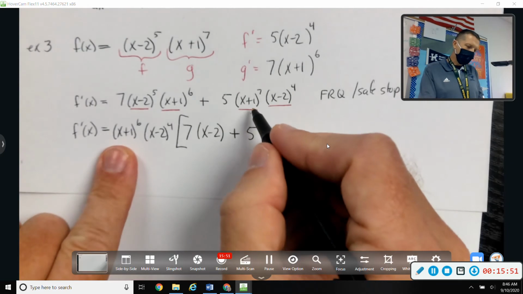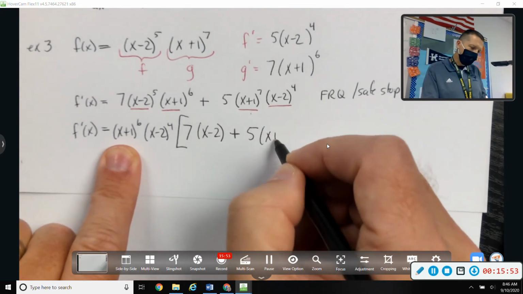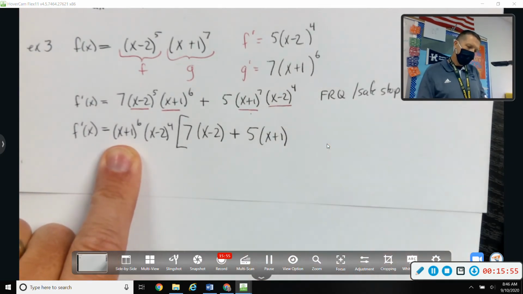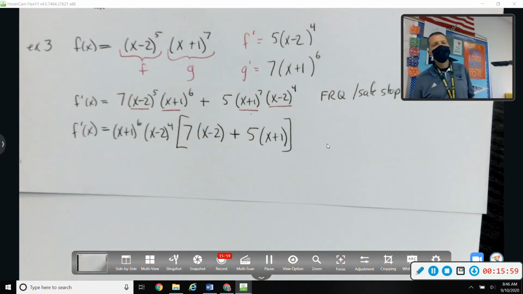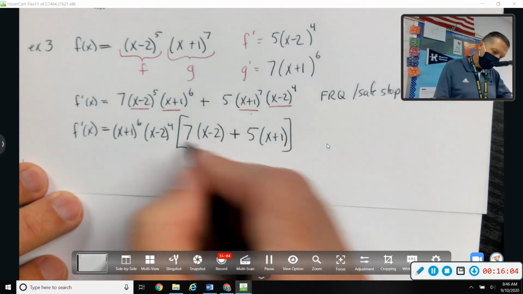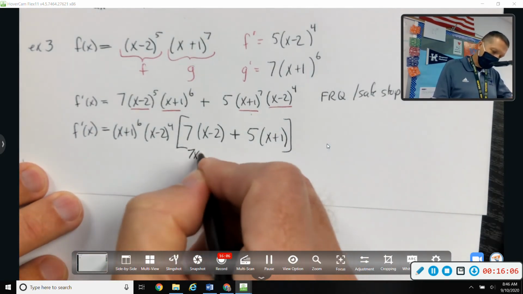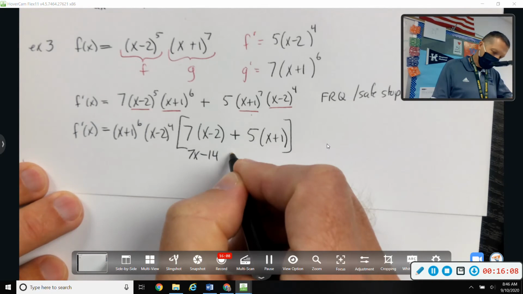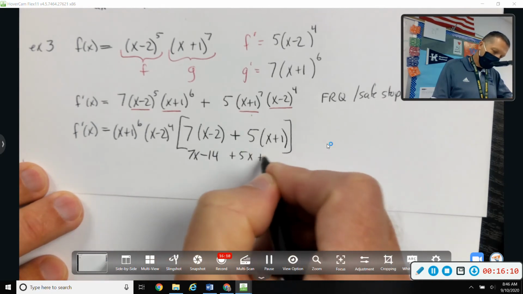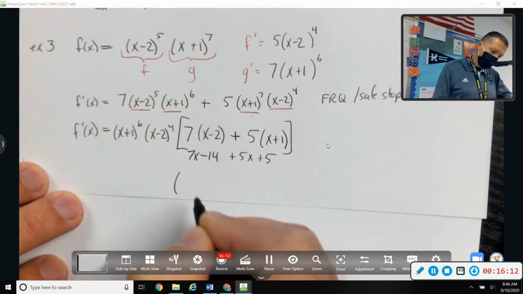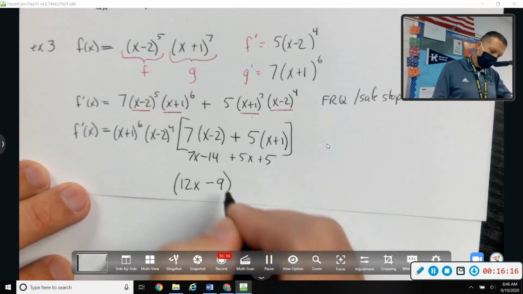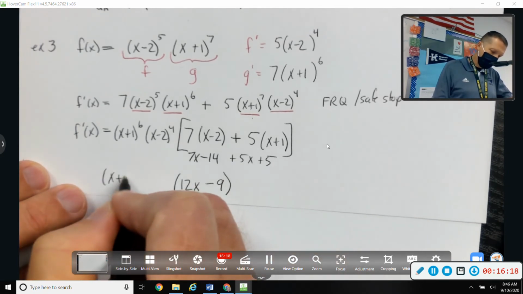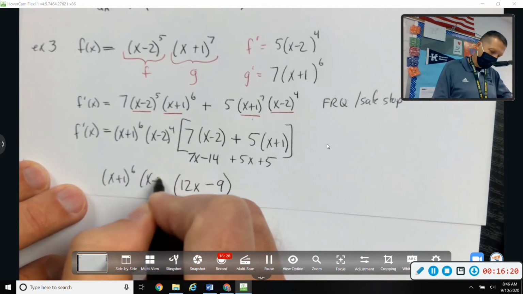The x plus 1s, I took 6 of them, so there's 1 left. The x minus 2s, I took all of them, they're gone. If I do a little cleanup work on the inside, 7 times x minus 2 plus 5 times x plus 1, I get 12x minus 9. And I have all this out front that I factored out.